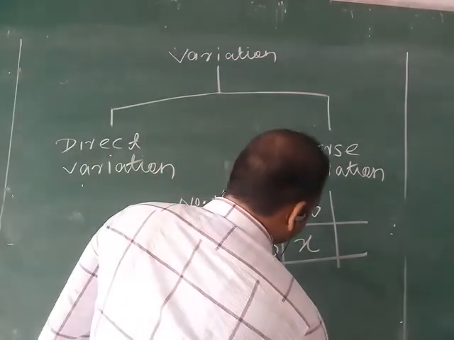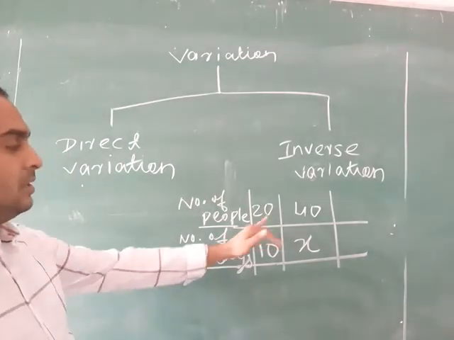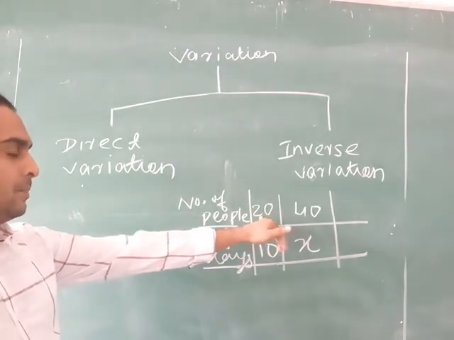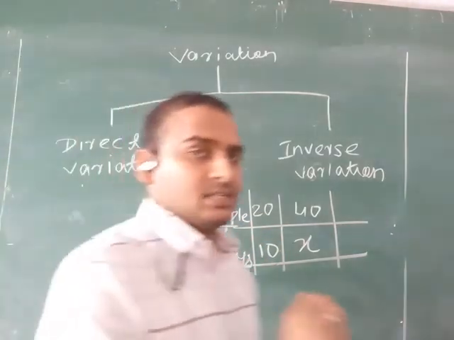First you say, is it direct variation or inverse variation? Because if the number of people increases, the number of days will decrease.